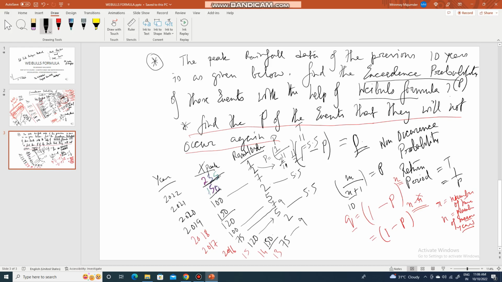In this way you will take the fifth position now. So 5 by 11, return period 11 by 5. Divide 11 by 5 and it is coming to 2.2.